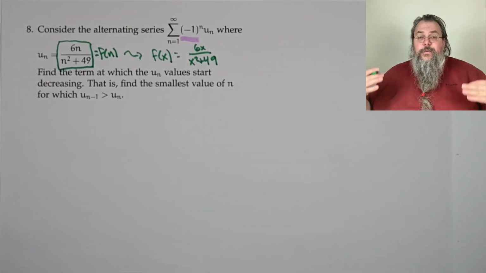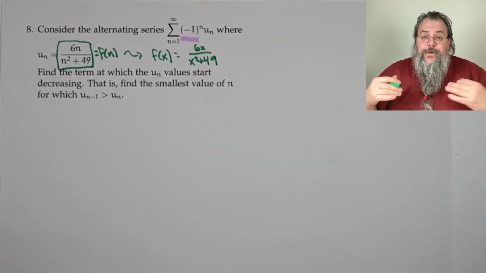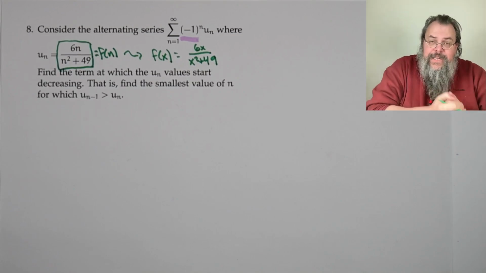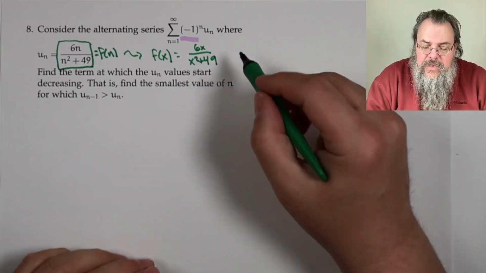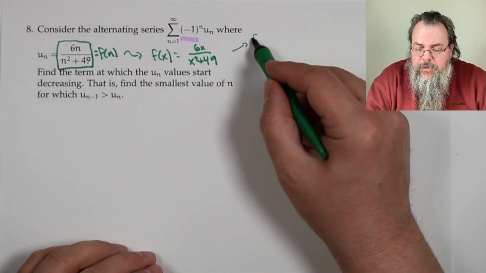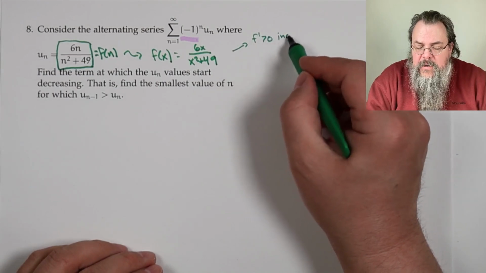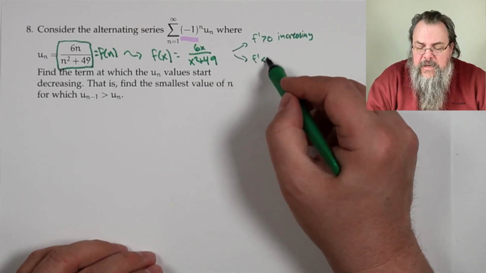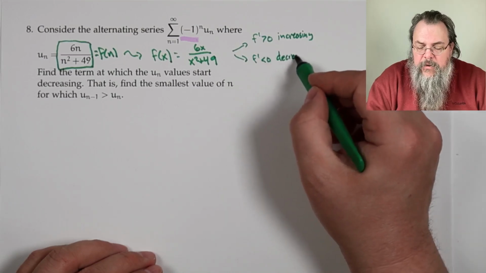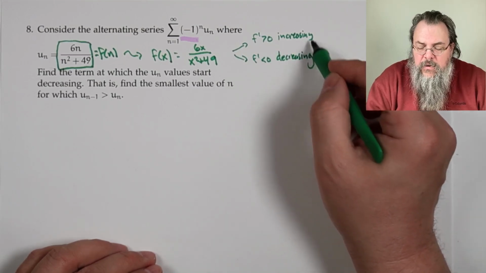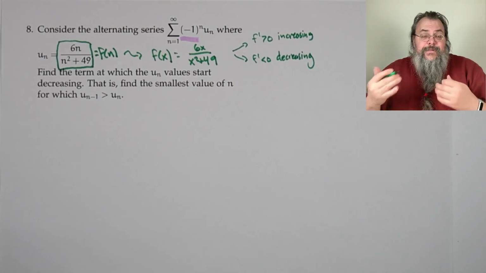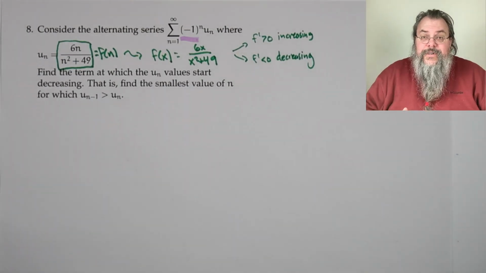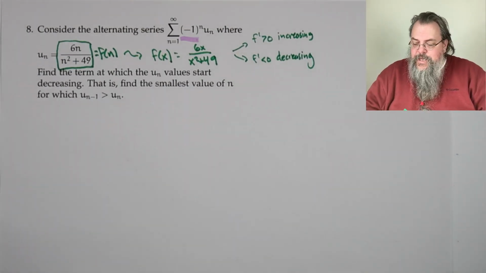And now we have a function, and we know how to talk about increasing and decreasing. If we see f prime positive, that means we're going up. And if we see f prime negative, that means we're going down. So let's do a Calc 1 check.